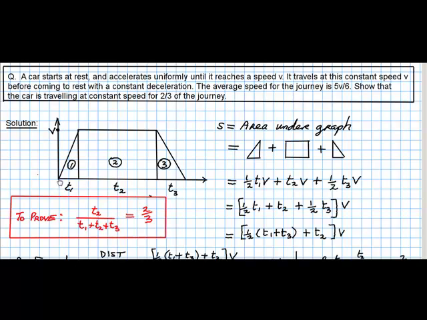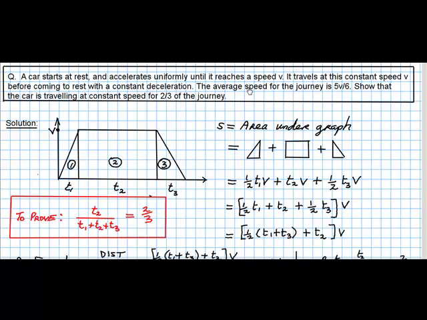So what we're talking about basically is a car that starts at rest down here, and if we draw the velocity time graph, we see he starts at rest and he accelerates up to a speed v, a constant acceleration. Then he stays at this speed for a while and he finally decelerates back to rest again. We're given one statement and we're asked to prove another statement.